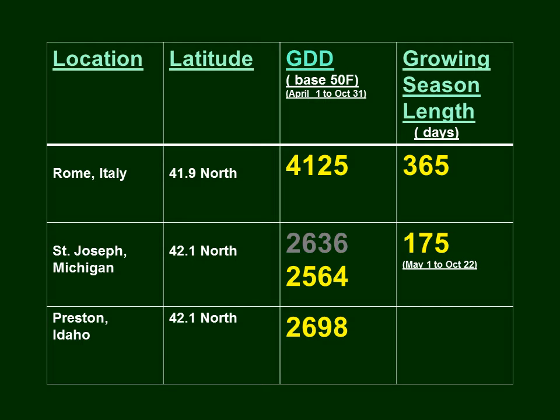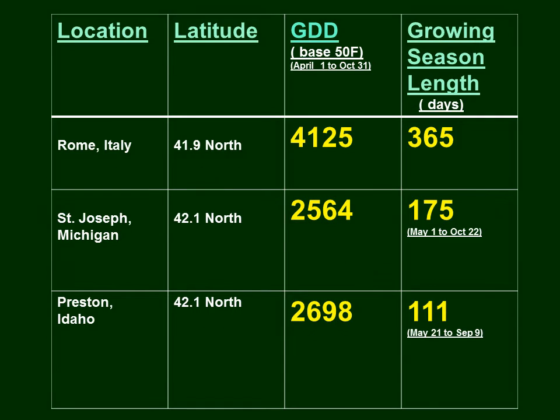Let's go on to look at what happens to the growing season length of a continental climate like Preston, Idaho. Ouch. Only 111 days in their growing season because their last freeze in the spring on average is May 21, and their first one is, ouch, September 9th.